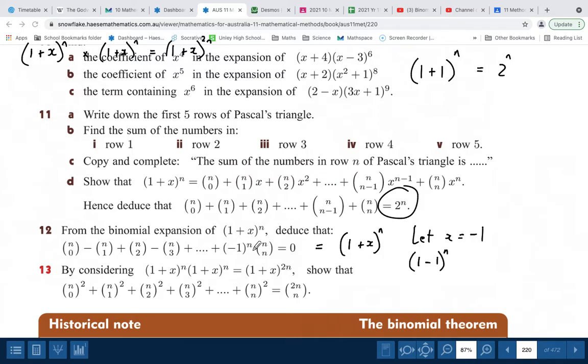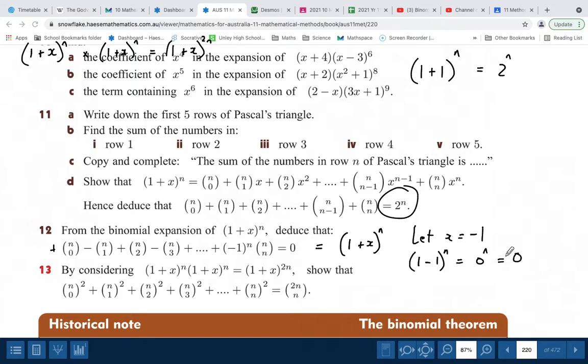You'll find that you start getting powers of minus 1, and you'll get this plus minus pattern. So you've got plus, minus, plus, minus, all the way to the nth term. And you know that you have a 0 because you've made x equal minus 1. So you know that your answer is 0 before you start, because 1 minus 1 to the power of n is just 0 to the power of n, which equals 0.